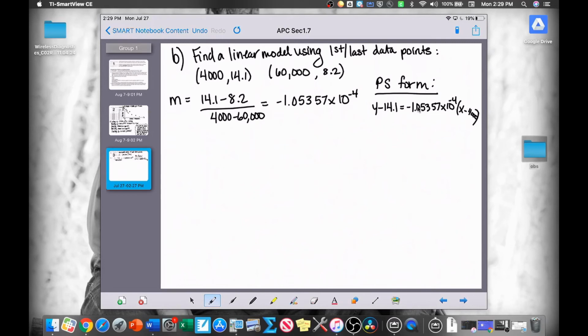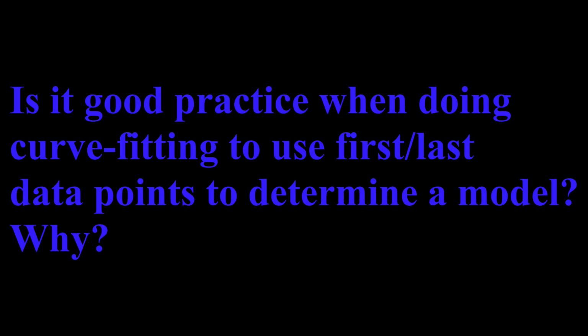And of course, I distribute, I combine like terms, and I end up with a linear model of y equals negative 1.05357 times 10 to the negative fourth x, that's my variable x, plus 14.52 for my y-intercept.